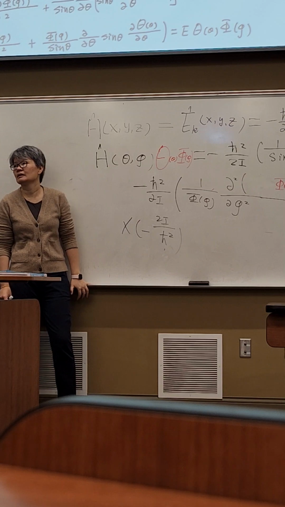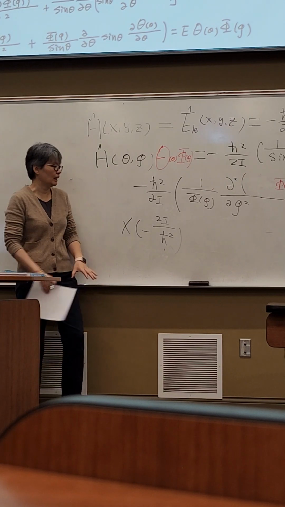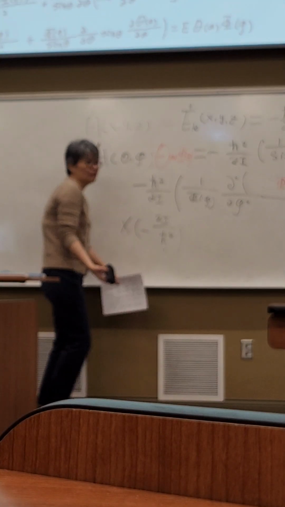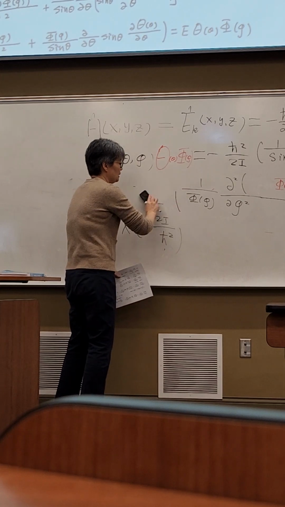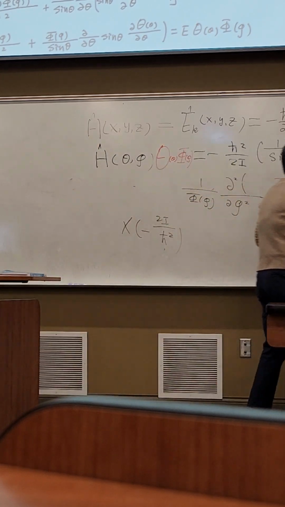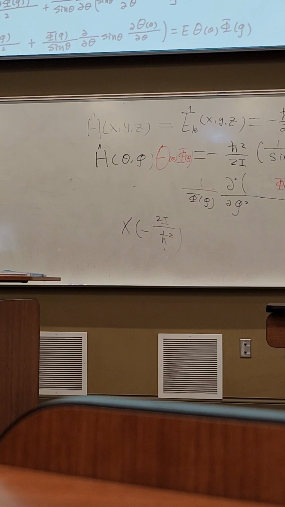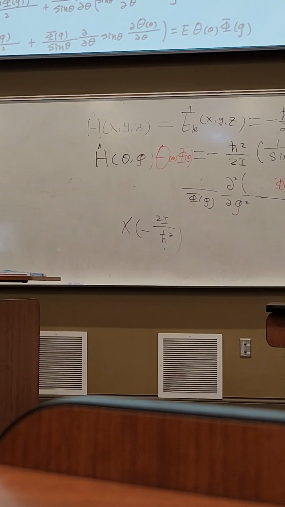Okay. So it's easy for me to make it 1: I just erase this whole thing. So then here will be the negative 2i over h bar squared. It's an expression, so you have to multiply both the left and right side. You guys all following me? Okay, we're getting closer, I promise you.